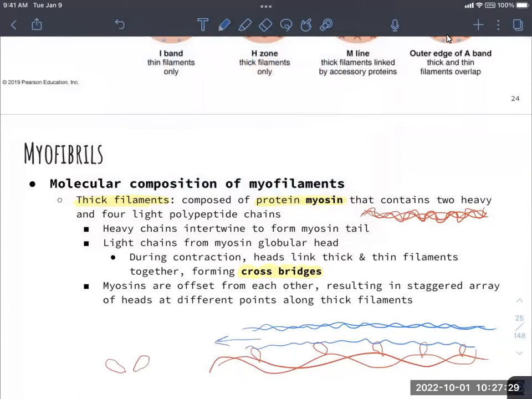If you think they're starting with their head here, their head is going to move to the position of the one right next to it, actually. And that's pulling that thin filament over, and that kind of results in a muscle contraction.